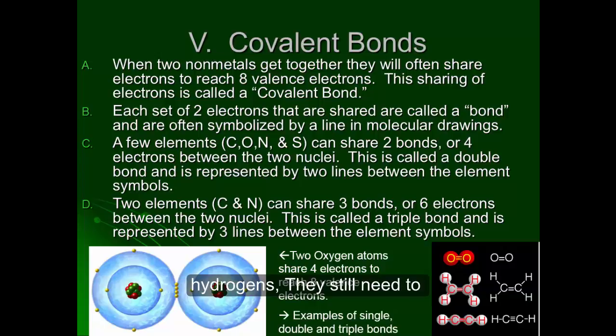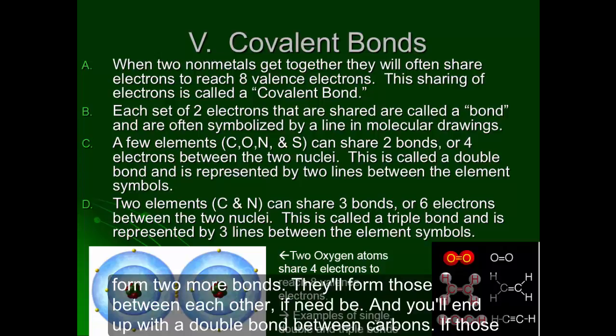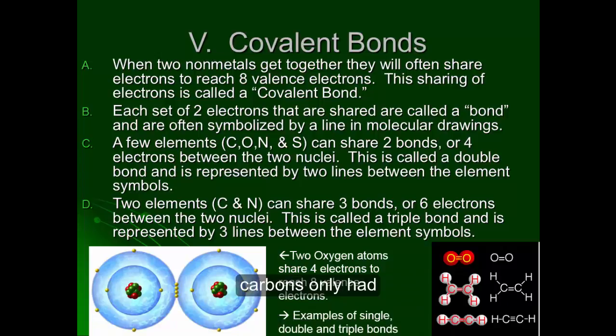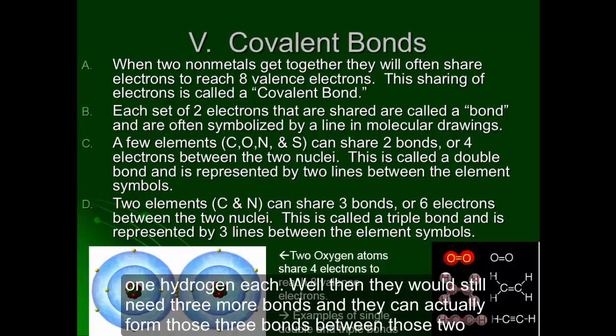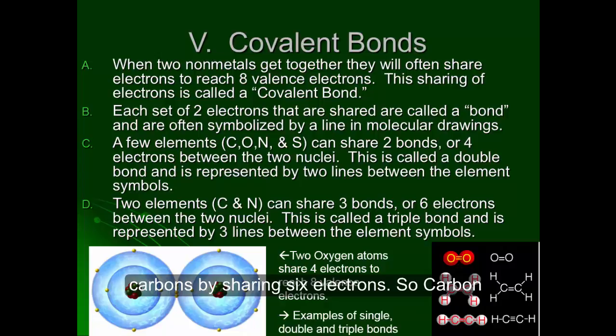Carbon needs to form 4 bonds. So if you have carbons that each have 2 hydrogens, they still need to form 2 more bonds. They'll form those between each other if need be, and you'll end up with a double bond between carbons. If those carbons only had 1 hydrogen each, well then they'd still need 3 more bonds, and they can actually form those 3 bonds between those 2 carbons by sharing 6 electrons.